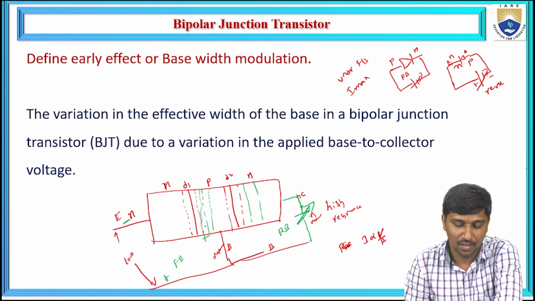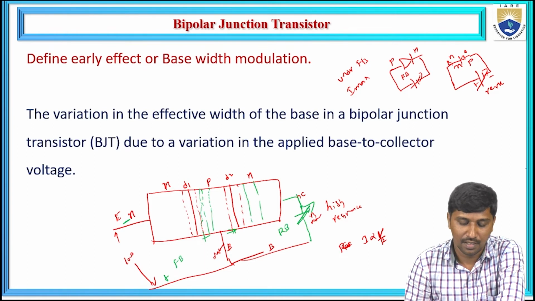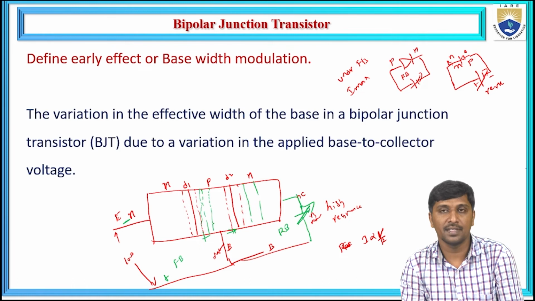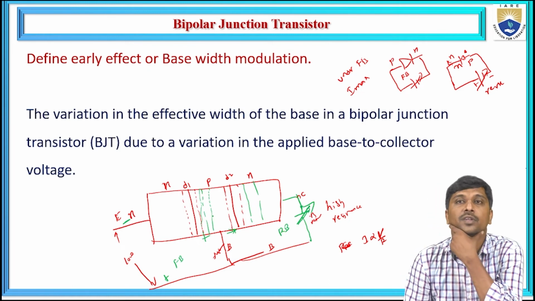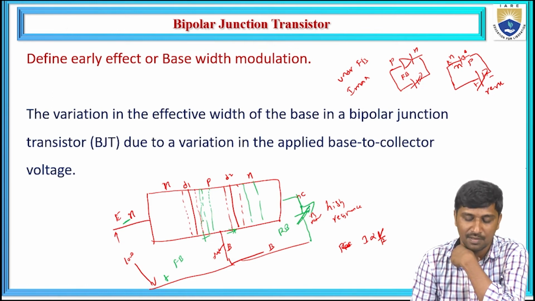So due to increasing this reverse voltage for an NPN transistor or a PNP transistor, the depletion width of the emitter or the base goes beyond the limit. It suppresses the base width dimensions.